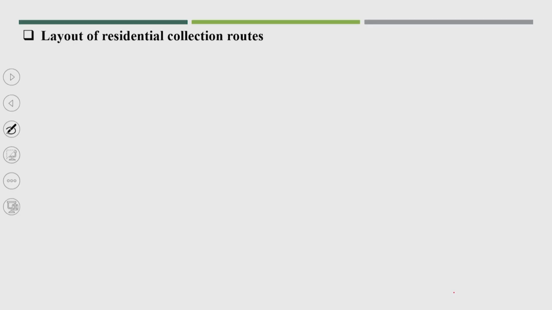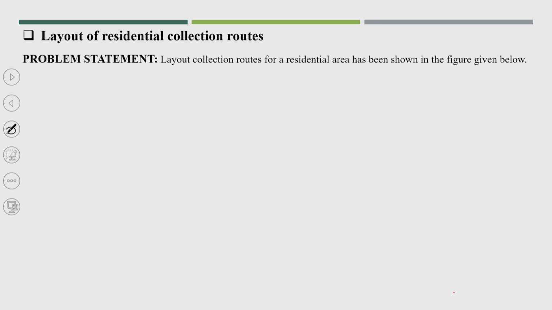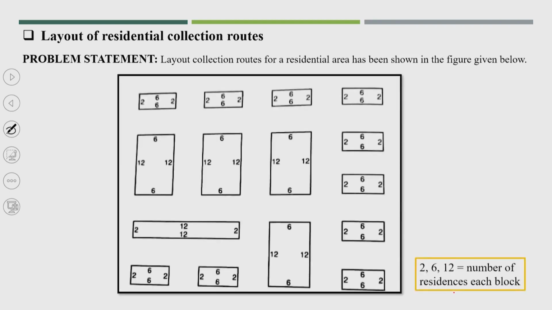We will take one problem and try to finalize one collection route. The problem statement is that a layout is given of one particular residential area. In this layout, the blocks have 2, 6 and 12 residences each.